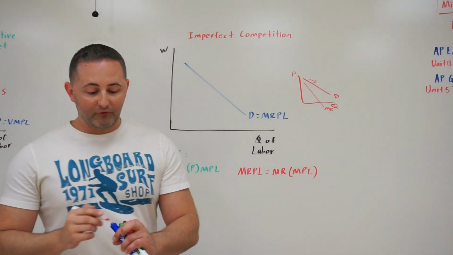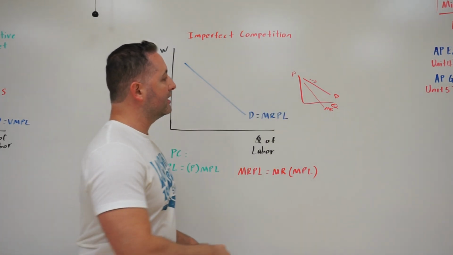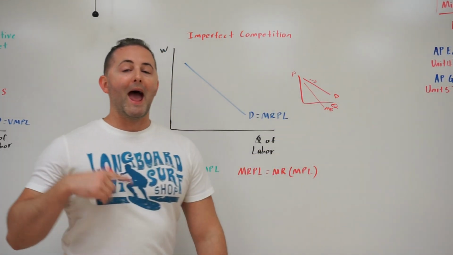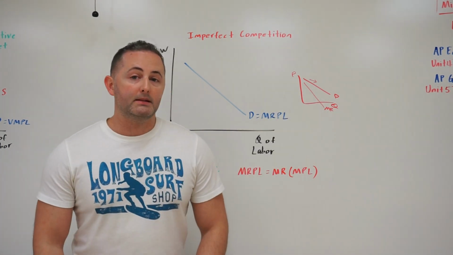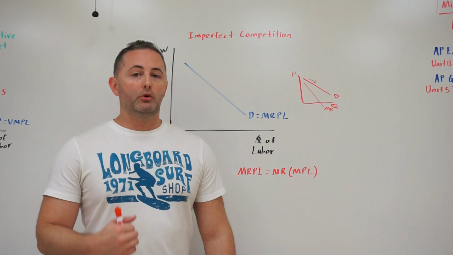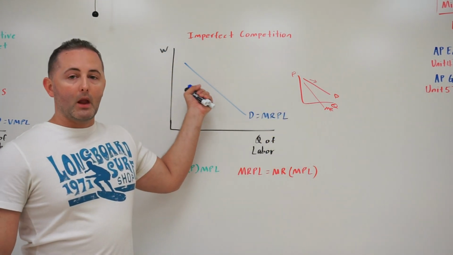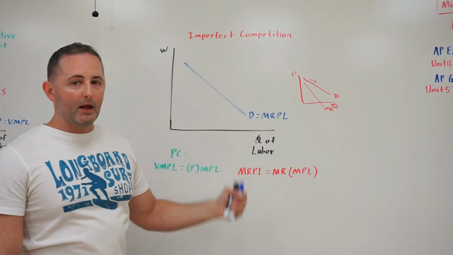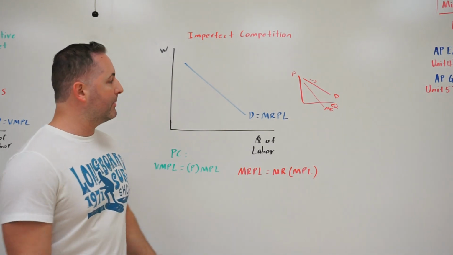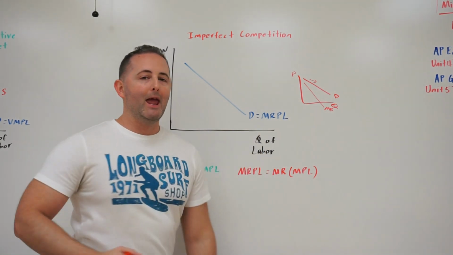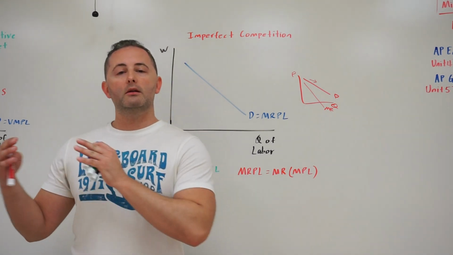This is stuff that you guys are professionals at already, so I'm not going to spend a ton of time here, but the idea is that the marginal revenue, what they actually gain from that worker, does not equal the price. There is a gap between the price and the marginal revenue. So for our measurement with the demand curve, it's still downward sloping, they still face diminishing marginal returns, everything is pretty much the same, but we're going to call it something else. This is going to be MRPL, marginal revenue product of labor.